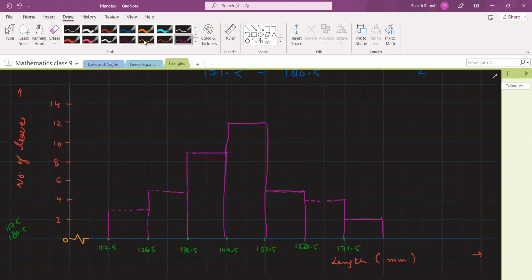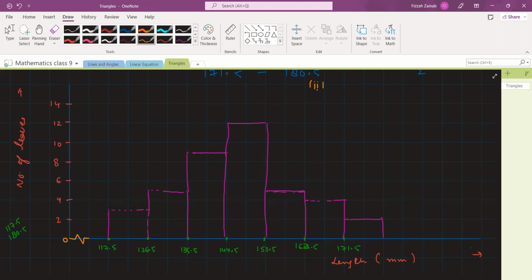Okay, let us come to questions now. First part we have done, draw a histogram. Second, is there any other suitable graphical representation for the same data? So 3 types of graphical representation we know: one is bar graph, second is histogram, third is frequency polygon.